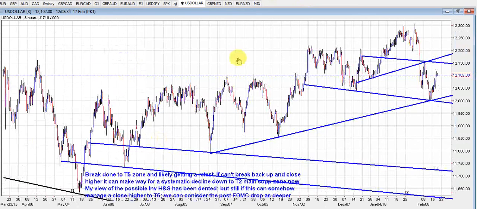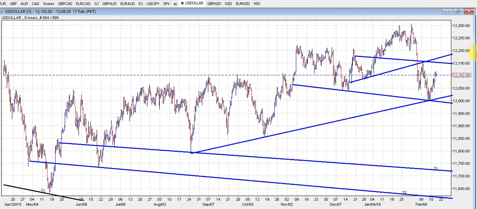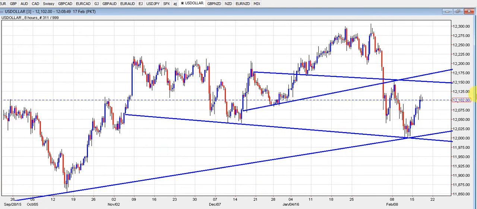There was a comprehensive dollar layout I'd done over on LinkedIn, where I mentioned 8 hours was suggesting that it's already bottomed out, while there was some scope on the daily to still carry on to the lower side. But daily is good for looking out, but what I mainly do is go with 4 hours, 8 hours, and 2 hours. Dollar, of course, I don't trade as a pair, but its majors are getting traded.